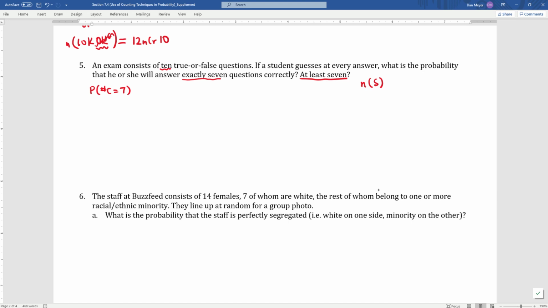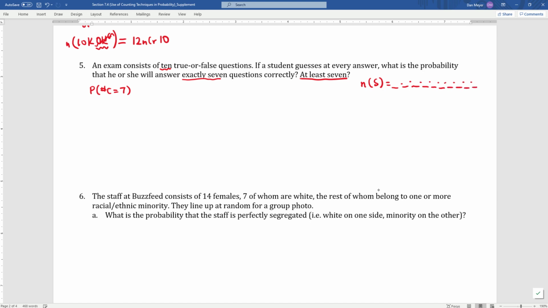We could think of that as a multiplication principle problem with 10 tasks, one for each problem.